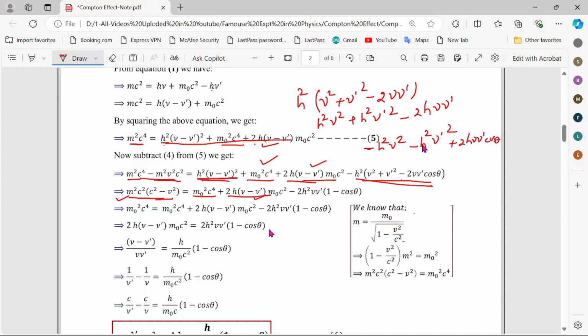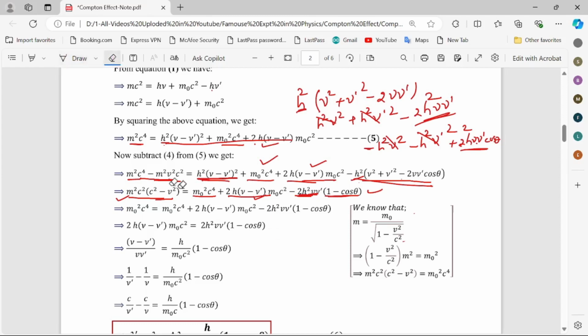So h square mu dash square and h square mu dash square got cancelled, h square mu square minus h square mu square got cancelled. We got these two terms. From these two terms, if I take common 2h square mu mu dash, we get 1 minus cos theta. Here I mistakenly wrote 2h, but it is 2h square because it is h square.